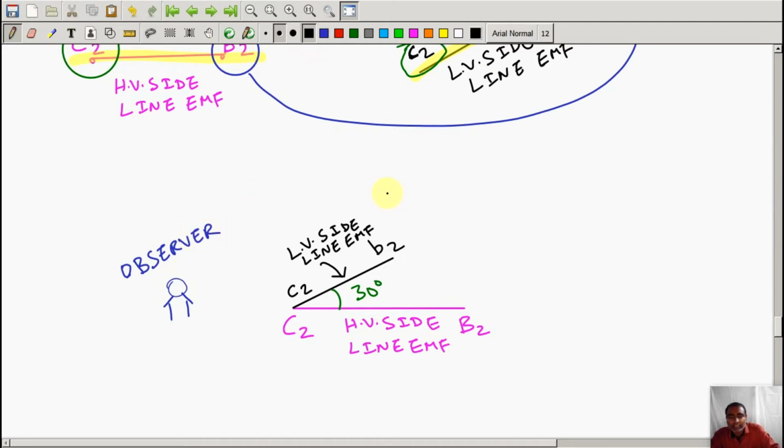And this entire thing is rotating in, say, anti-clockwise direction. So what will happen? The observer will first see the LV side line EMF c2b2, and after 30 degree the observer will see the HV side line EMF, that means capital C2B2. Because again you have to think in this way. Let me mention it over here separately.